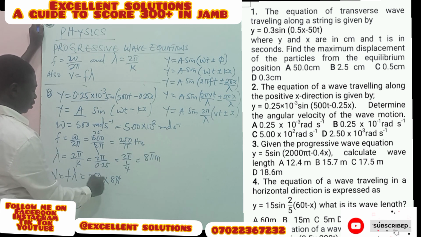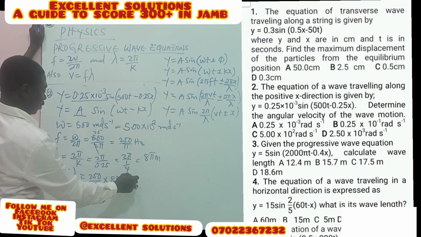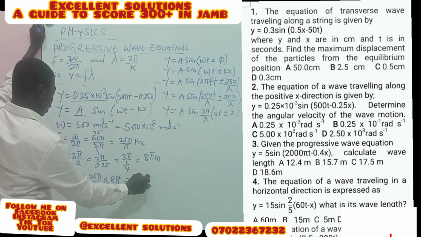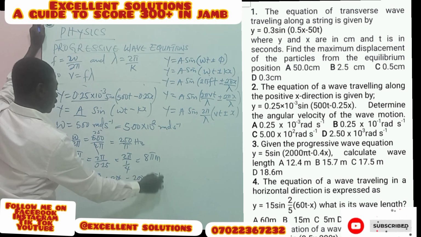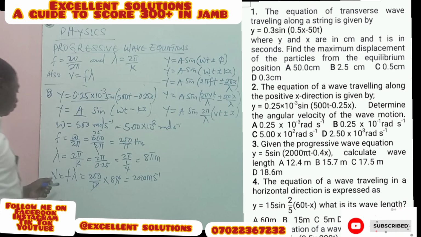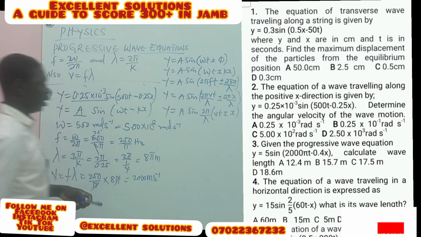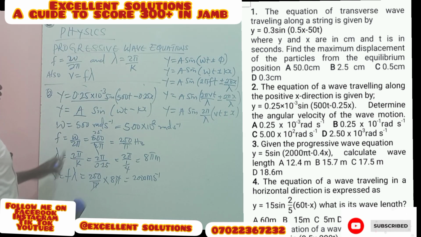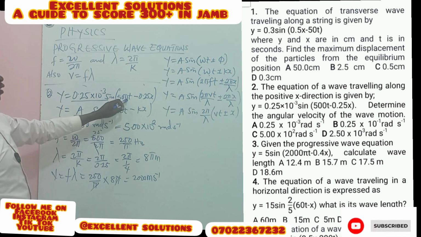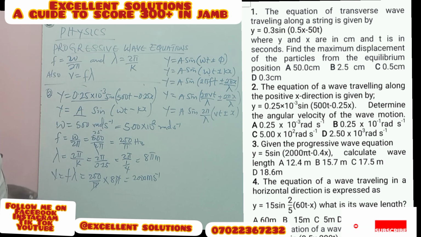Pi cancels pi, 250 times 8, we have 2000 meters per second. This is if we are to look for the frequency, wavelength and wave velocity for the case of this question. But the answer to this question is just omega equals 500, which is the same as 5 exponential 2 rad per second.